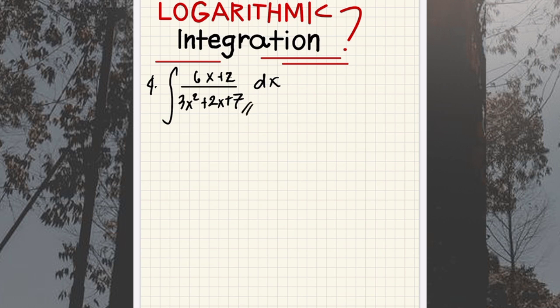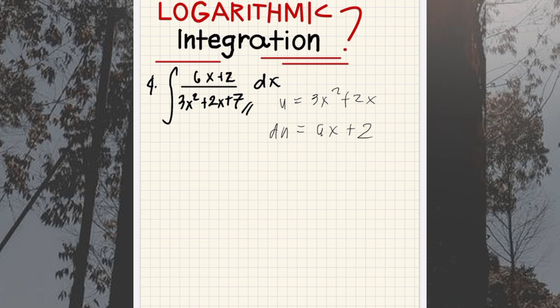So the question is, does the numerator look like the derivative of the denominator? Let's find out. Let u be equal to 3x squared plus 2x plus 7. And the derivative of this is 6x plus 2. So this is a perfect match.